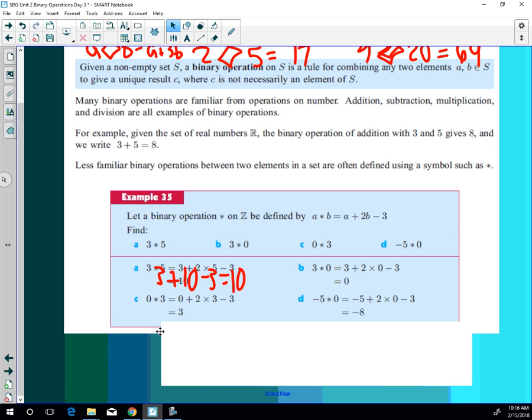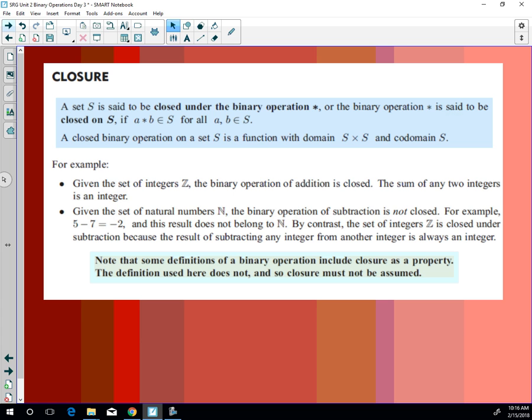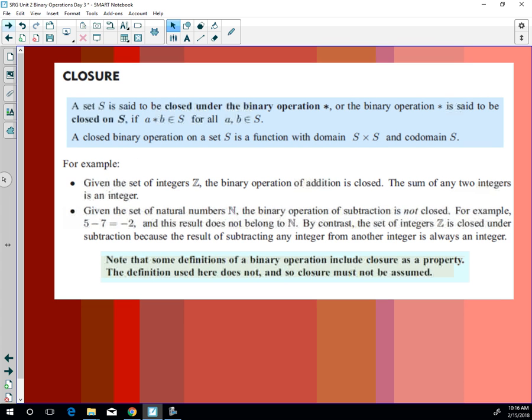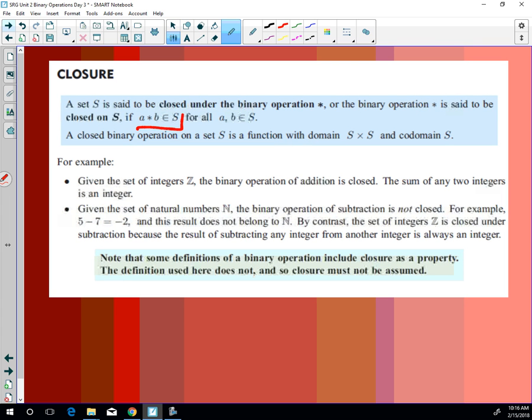Perfect. All right, next. Closure. When we talk about closure, you think of closure as ending something, but actually this is a beginning process. You got to make sure that all the elements of S exist for your operation.